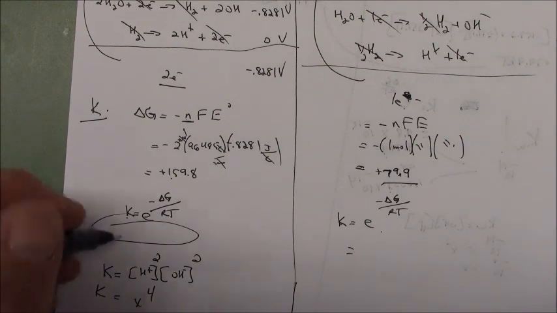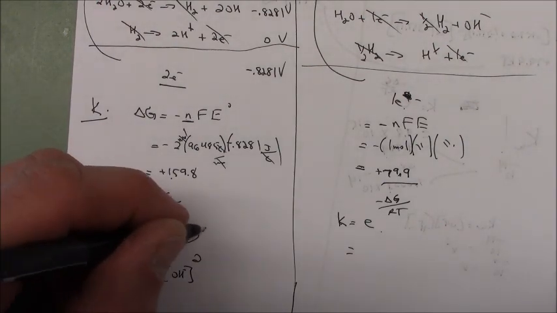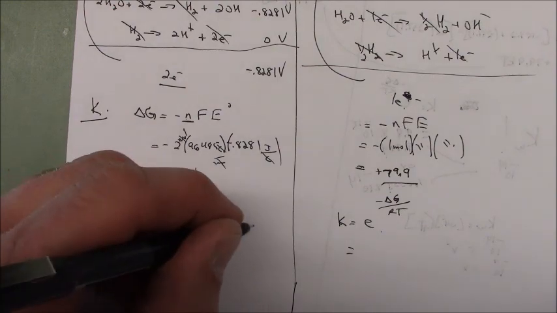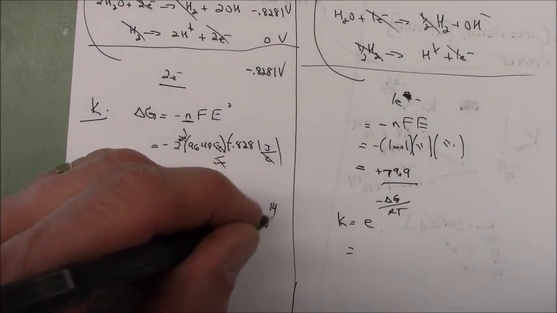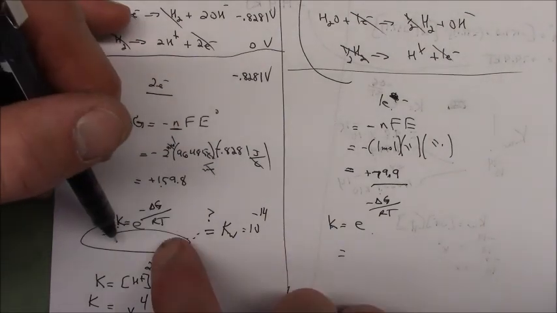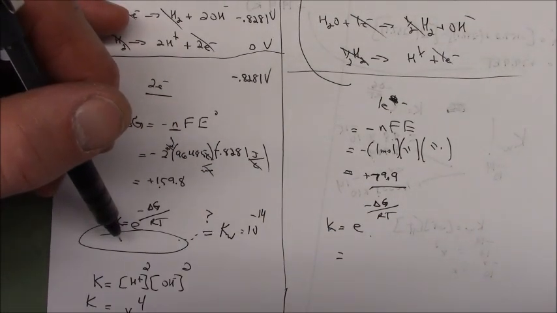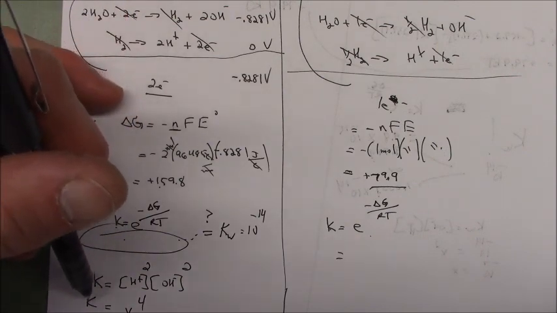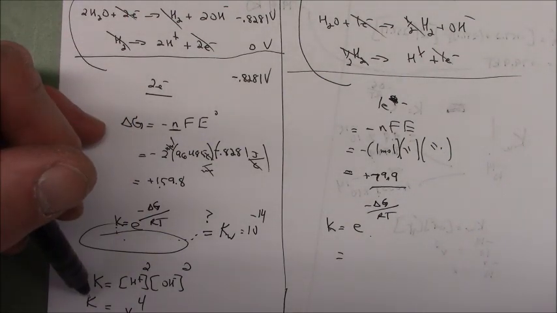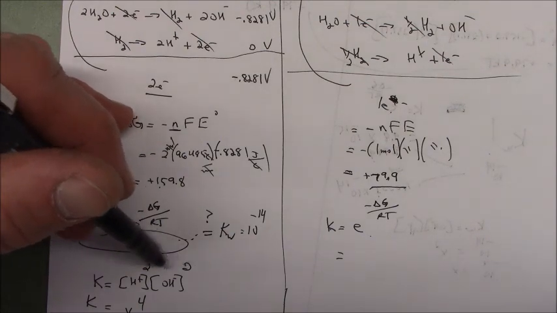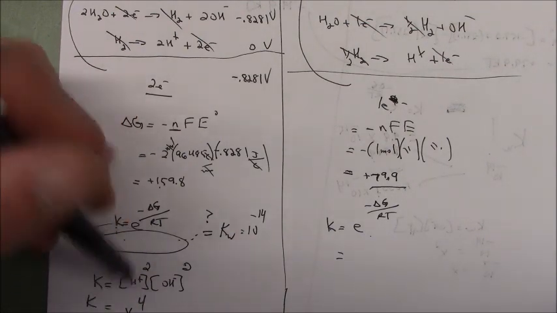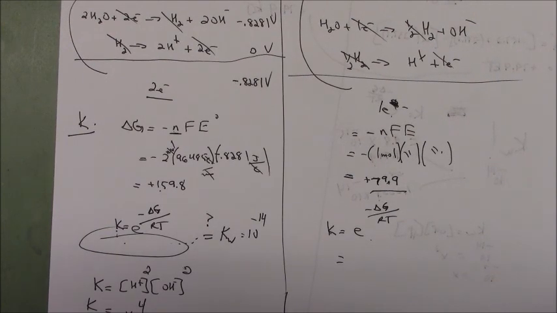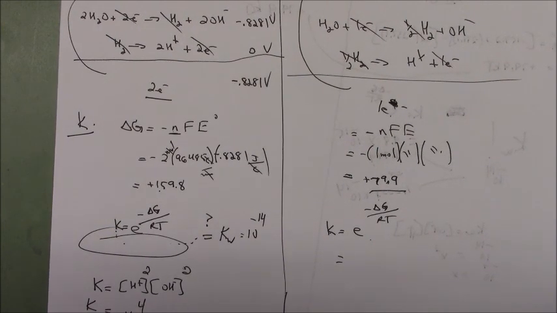So this K, which does not look like KW, 10 to the minus 14th, it's going to be some much smaller number like 10 to the minus 30 or something like that. No problem, because when you use that K, the way you balanced it, you've got exponents of 2, so it's x to the 4. So when you do this, you're going to come up with x approximately 1 times 10 to the minus 7.